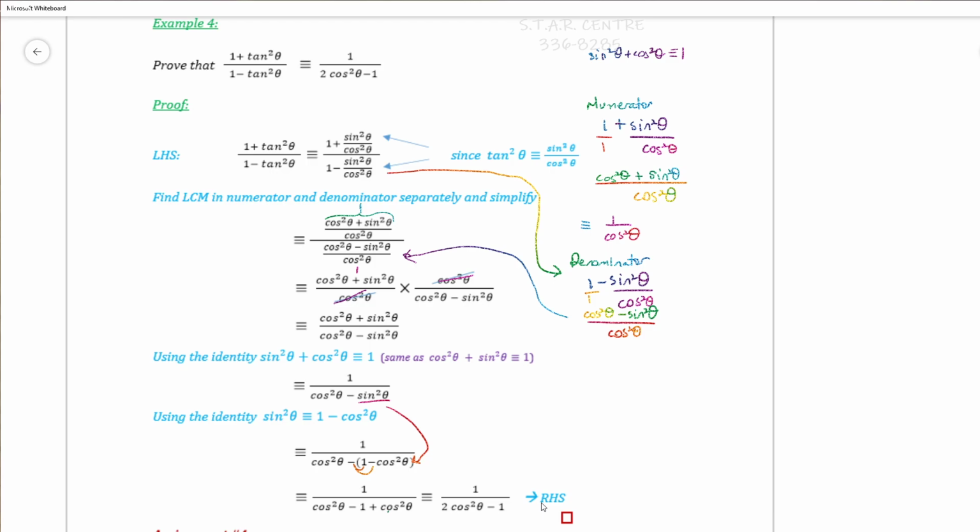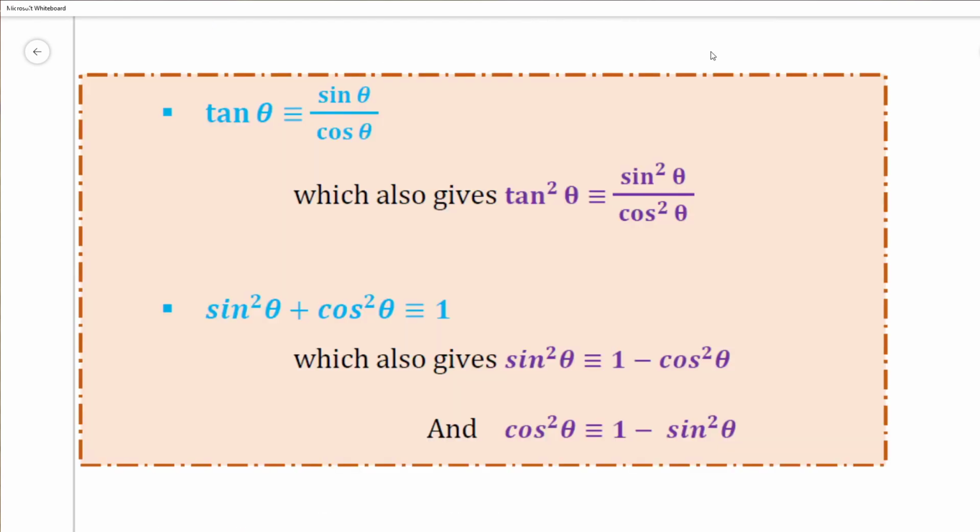So just to recap, that we did some basic identities, which is tan theta is identical to sine theta over cos theta, and that also gives tan squared theta is identical to sine squared over cos squared theta. Our second fundamental identity was sine squared theta plus cos squared theta is identical to 1, and from this we derive these other two.